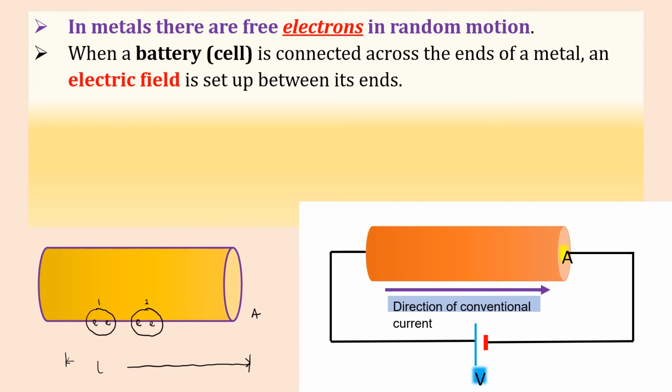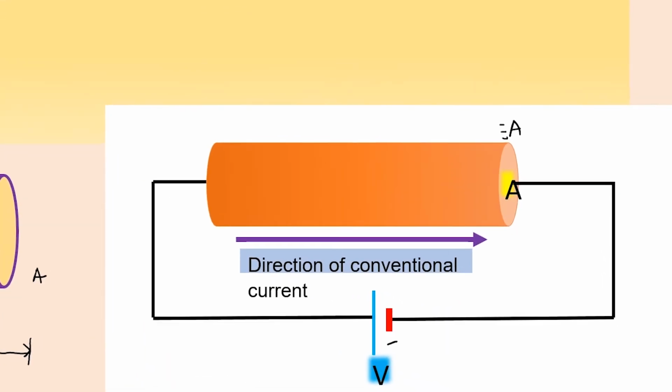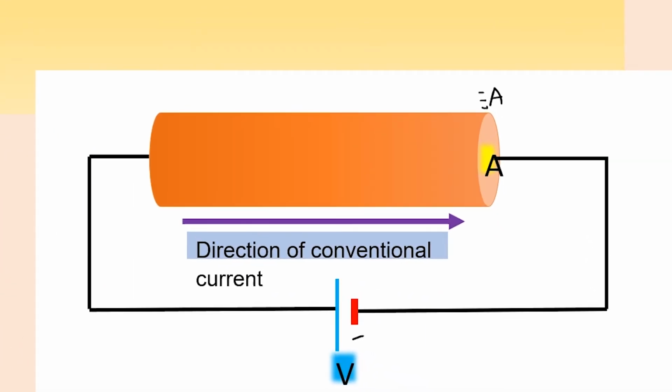Remember, we said that since this end A of the conductor is connected to the negative terminal, that means that this end is at a negative potential, or what you call a lower potential. And then if this end B is connected to the positive terminal, then it is at a positive potential. It is like positively charged. That means that there is an electric field set up across the ends of that conductor.